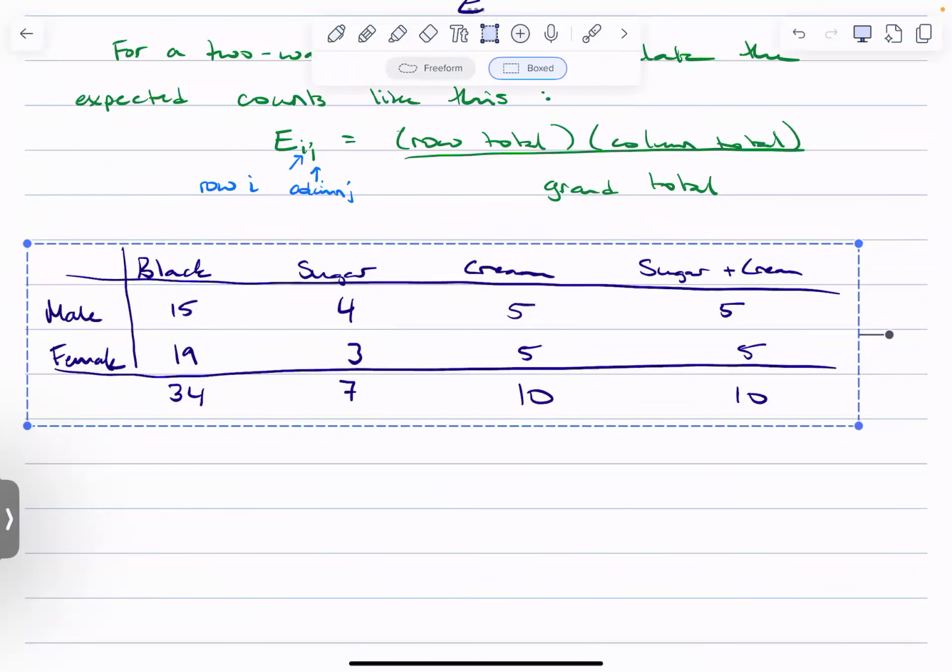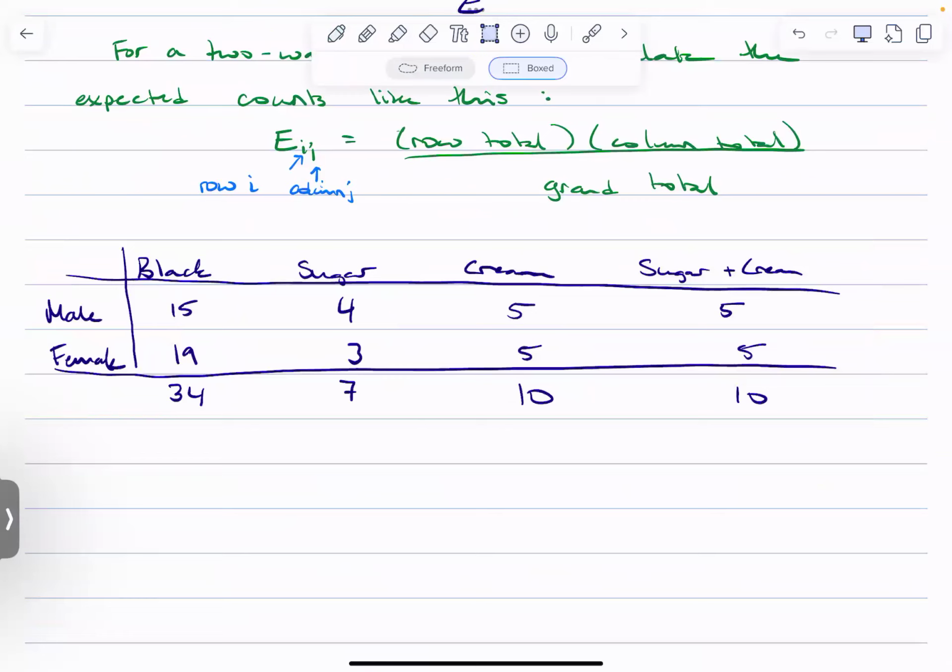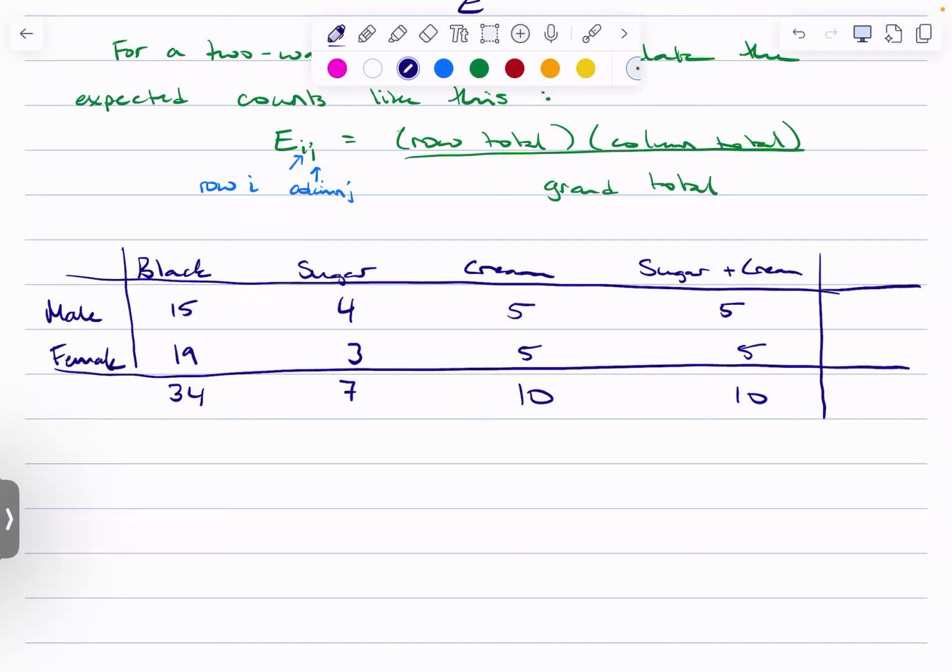But a lot of the homework questions, because I can't figure out how to program that, it'll give you a different table where you enter your expected values. Okay, but it'll look the same, right? Because for each cell here, I'm going to have an expected count. Okay? And so that means I need the totals for all of these.